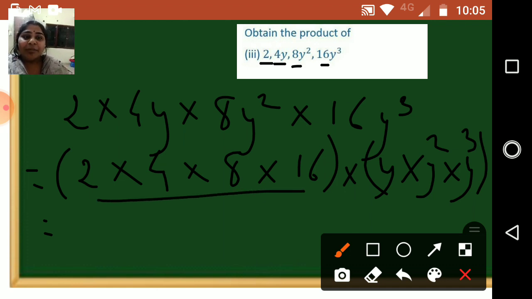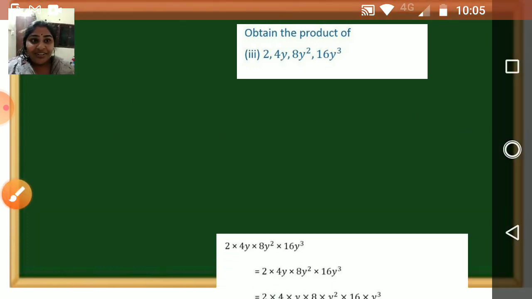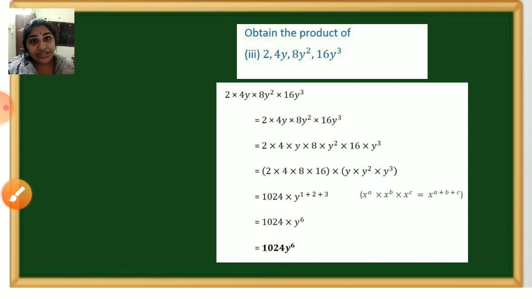You will multiply all this and write the answer, and this will be y raised to 1 plus 2 plus 3. Add all the powers using the rule, a raised to m multiplied by a raised to n is equal to a raised to m plus n. So here it will be y raised to 6. Let us see the solution once again. These solutions you have to copy down in your classwork, children, whatever solutions I am giving from the sums from the exercise.